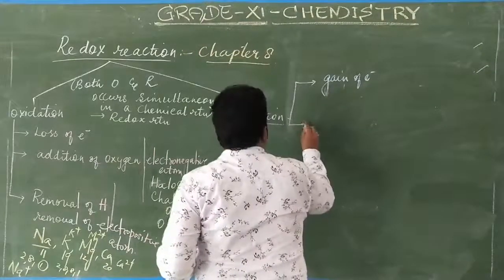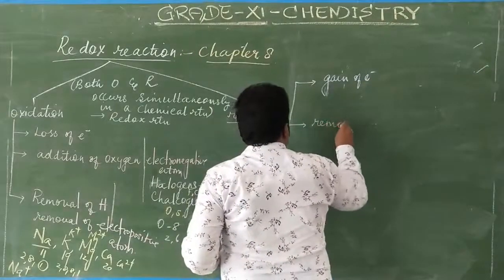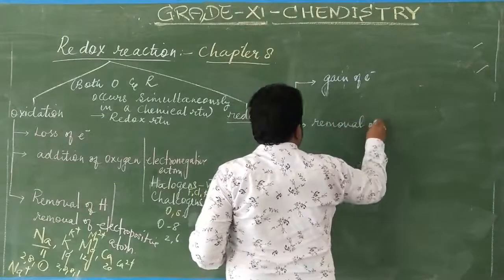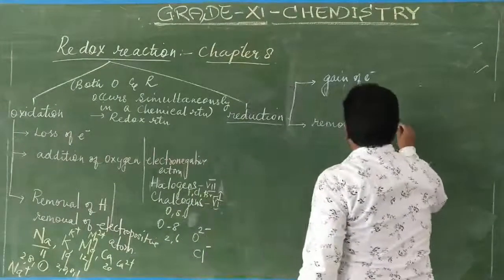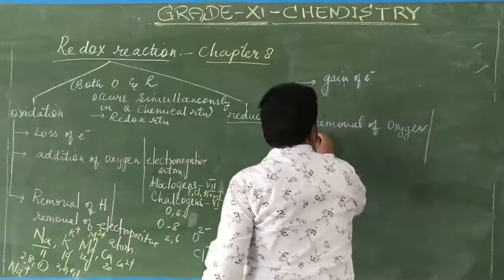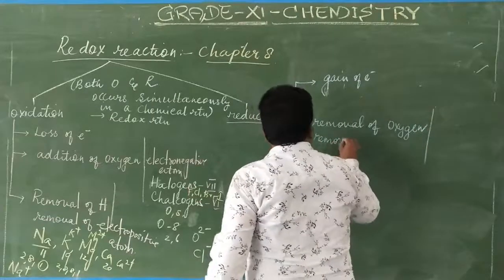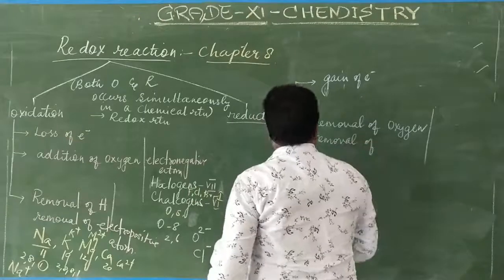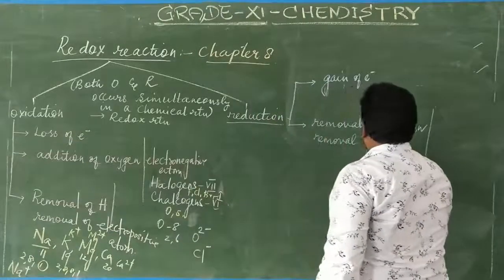Then the second one, removal of oxygen, and in oxidation it was addition of oxygen. Removal of oxygen means removal of electronegative atom.